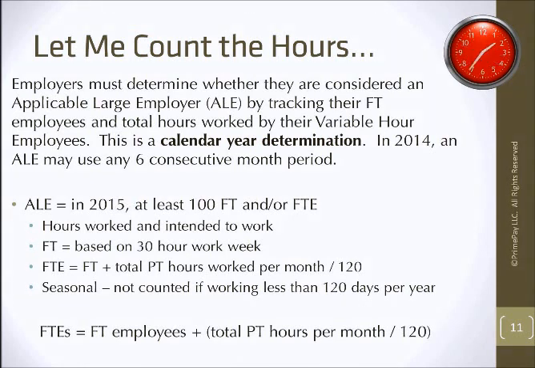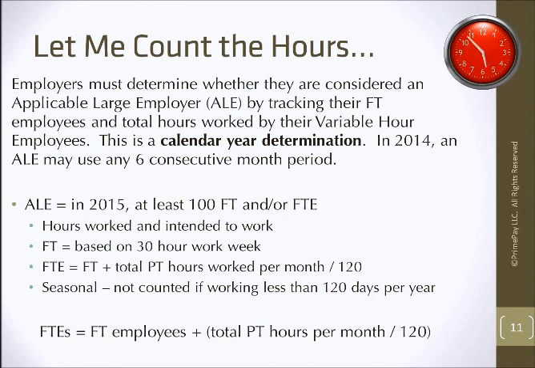Some definite things to consider: it's hours worked and intended to work. Full-time is based on a 30-hour work week for full-time employees under the employer mandate, and full-time equivalents would equal the full-time employees plus total part-time hours worked per month divided by 120.